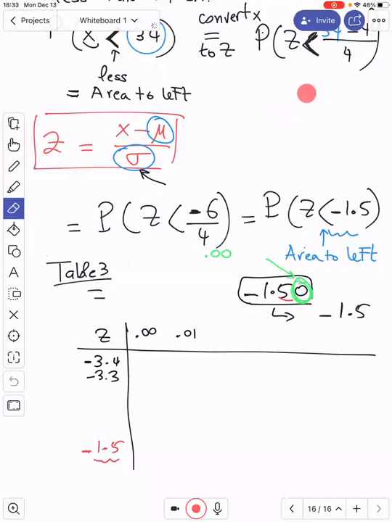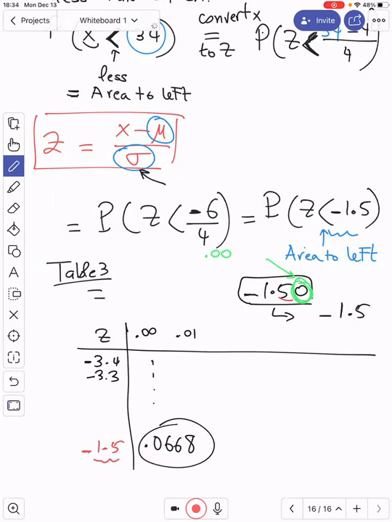In this case, the nearest hundredth is just 0, so that's 0.00. So the answer in this problem, for negative 1.5, would be 0.0668. Okay.